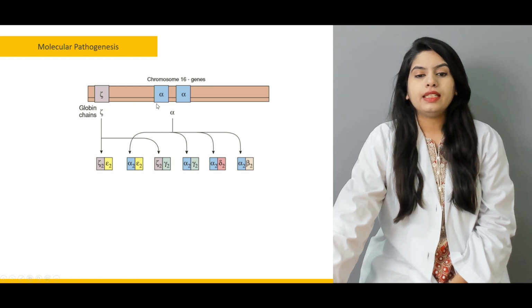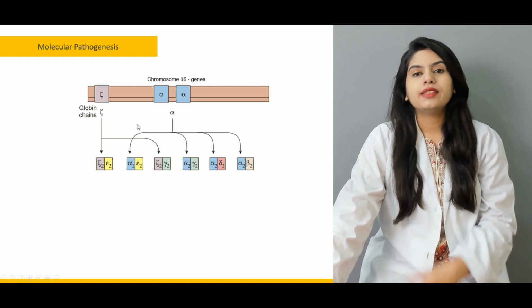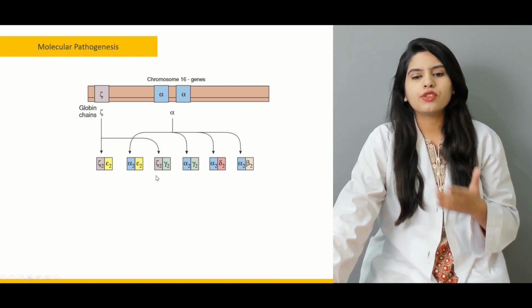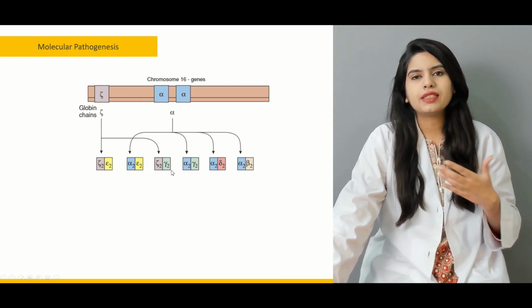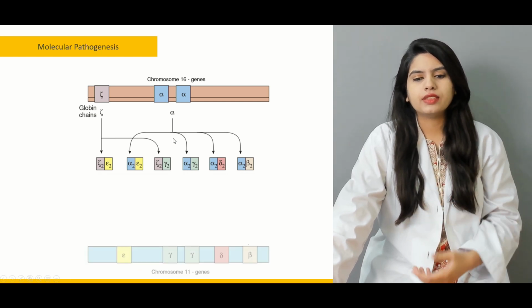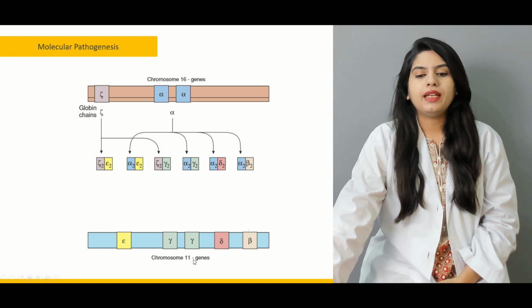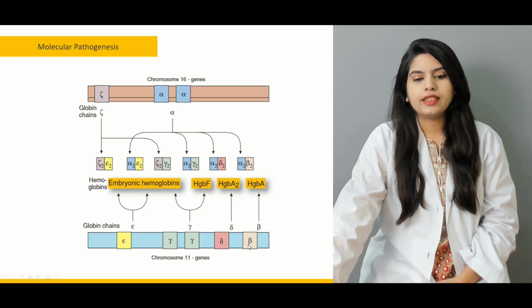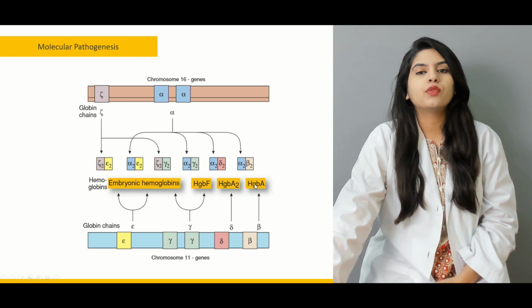Now these genes result in the formation of different combinations of chains, and they are basically encoding for the formation of hemoglobin chains. Then on chromosome 11, there are genes that encode for the gamma chain, delta chain, and the beta chain, and they further lead to the formation of different types of hemoglobin.